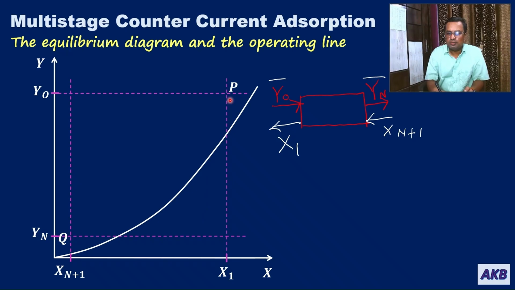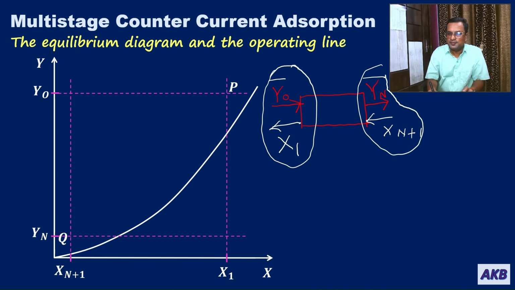Now, if you look at point P, say the coordinates of point P are X1, Y0. That means point P is representing this end of the cascade. So this end of the cascade is represented by point P, whereas this end is represented by point Q. You need to understand that.